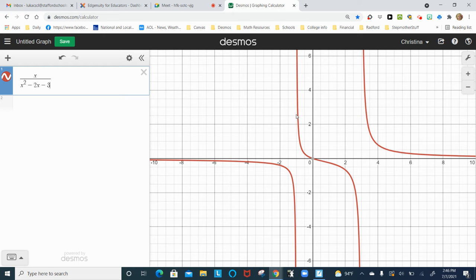I could draw myself a little line, x equals -1. And here is the horizontal asymptote, y equals 0. It's not working for this piece, but it's working for these two pieces. So just an example to show you.